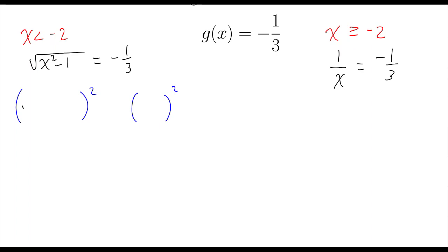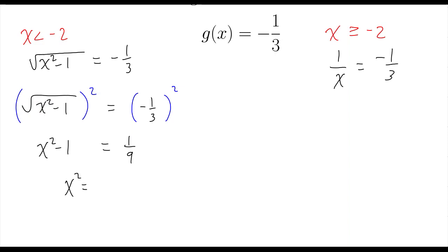You fill all that in. Squaring the square root cancels it out. Squaring negative 1/3 gives you a positive 1/9. Add 1 to both sides.